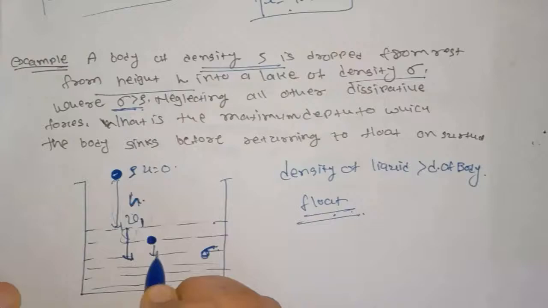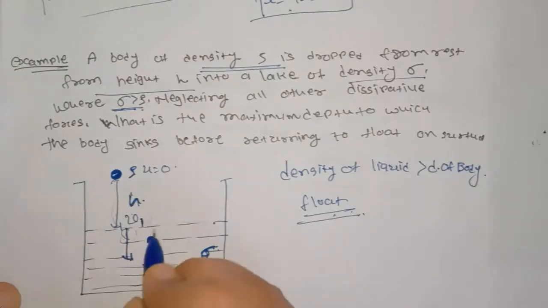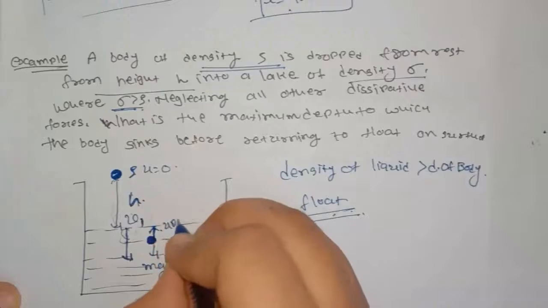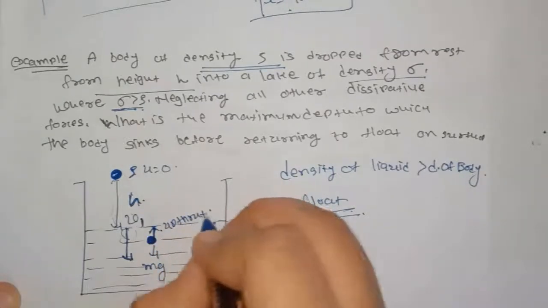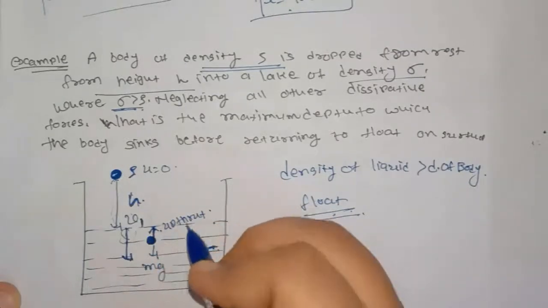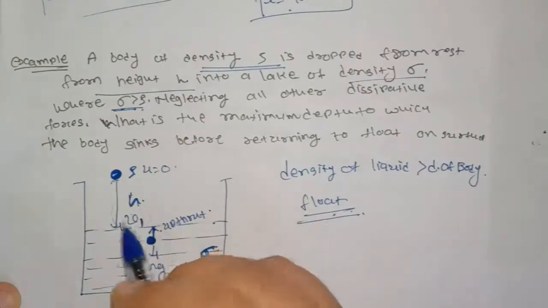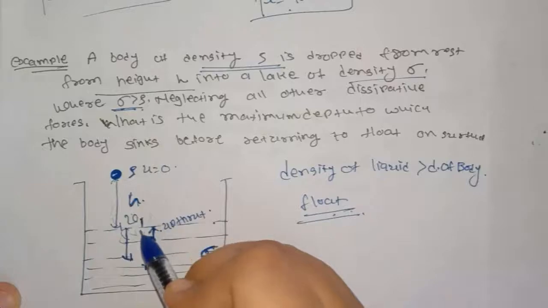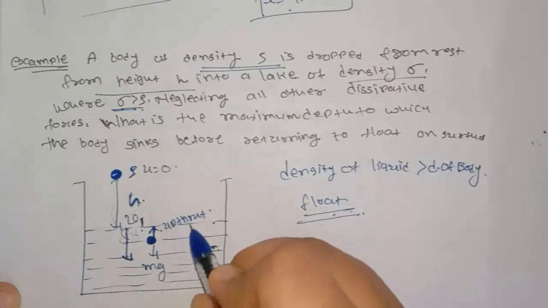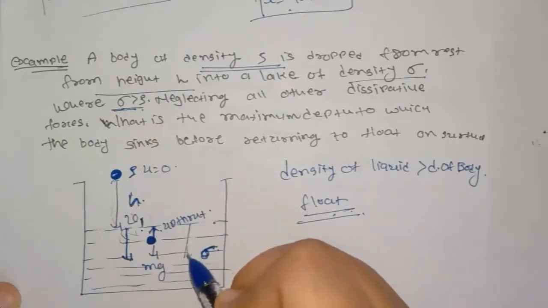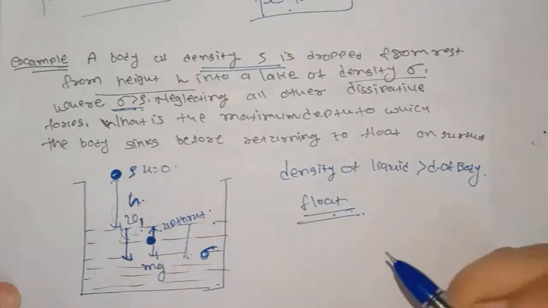One is mg in the downward direction, and the other is upthrust. Due to this, there will be retardation of the object. Gradually, the velocity will become 0. We want to find the maximum depth up to which it has reached.